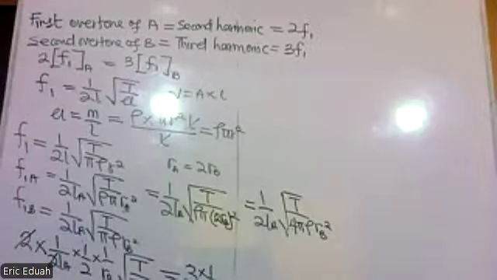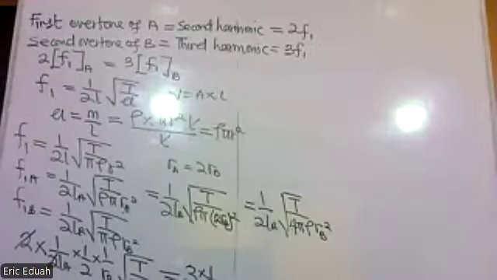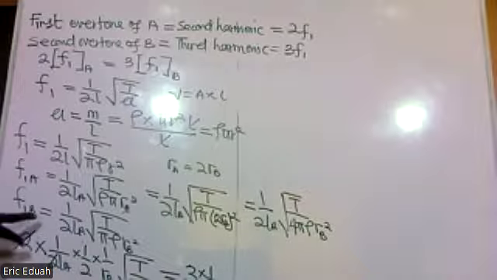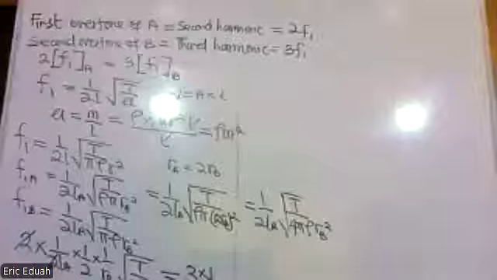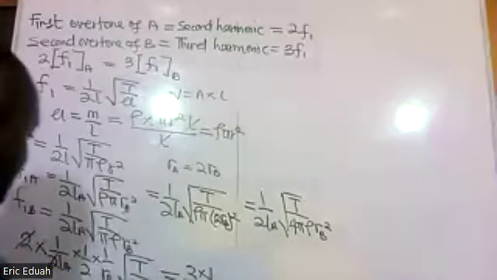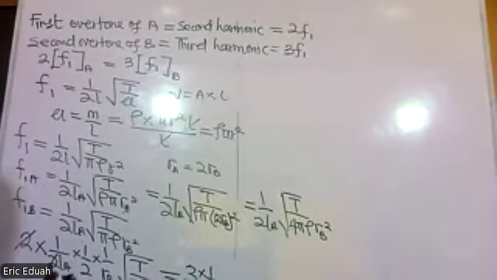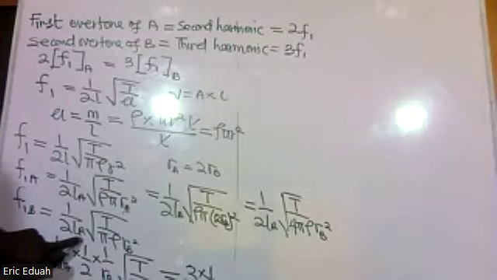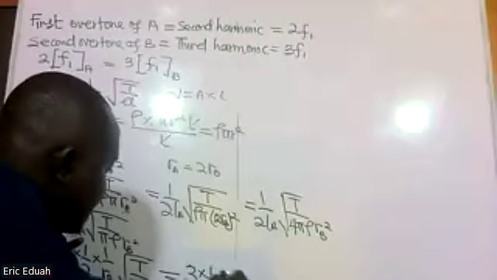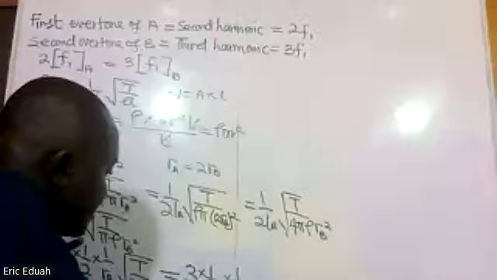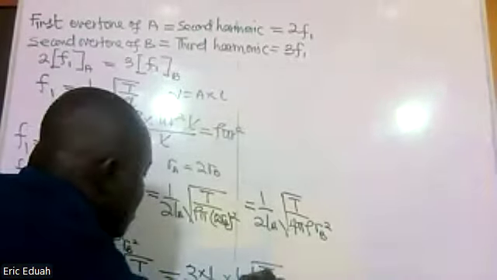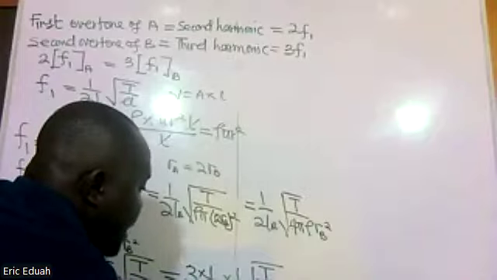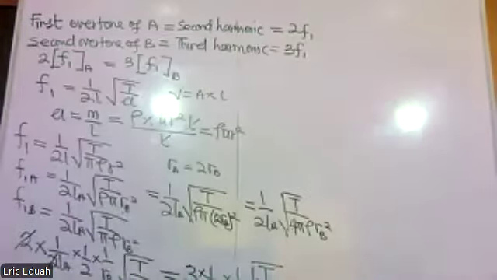Hold on, F1, okay, I've seen it. 3 times 1 on 2 LB times 1 on RB, when I take the square root of this, times T on pi times rho.